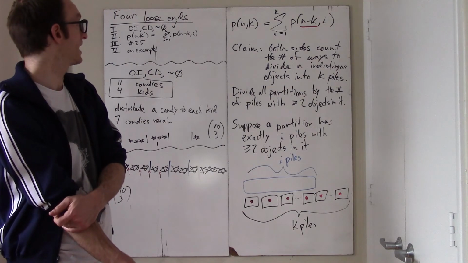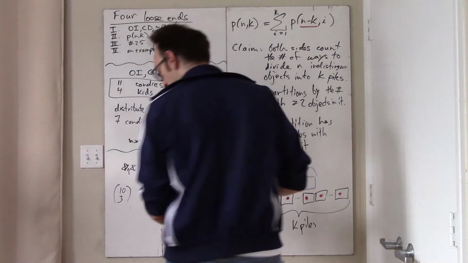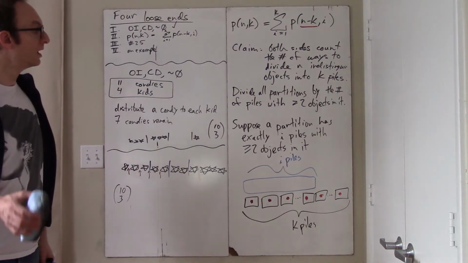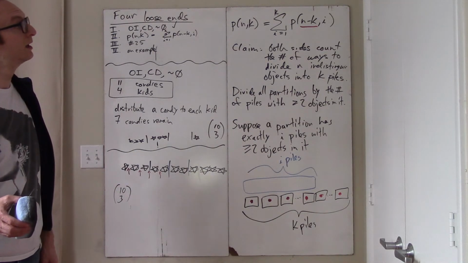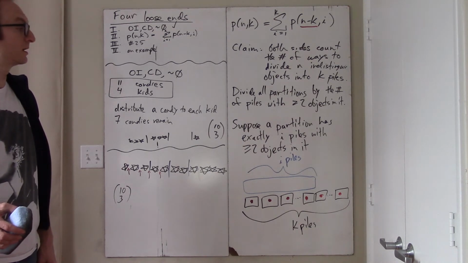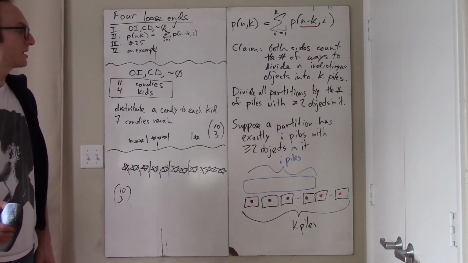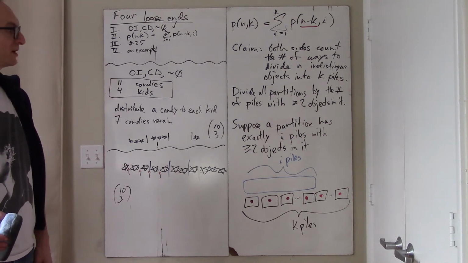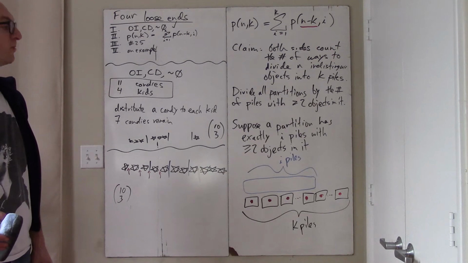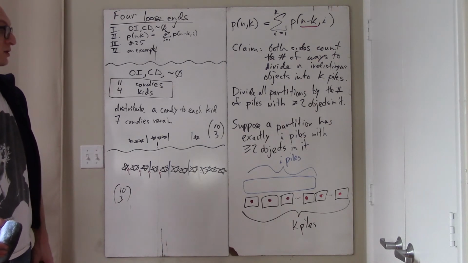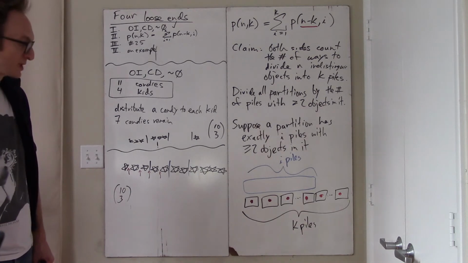Good. Last thing. Second to last thing. Yeah, you could have no piles with greater than or equal to 2 objects in it.